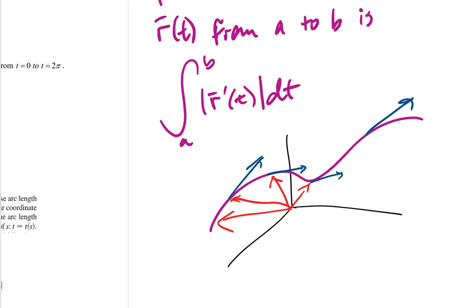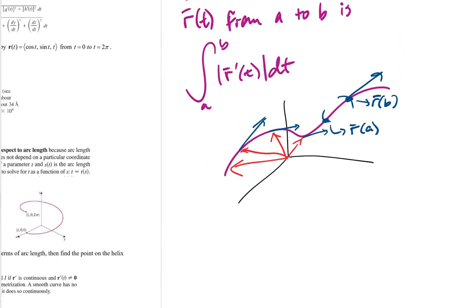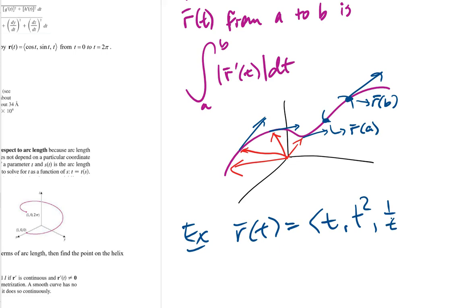And so to find the arc length between any 2 points on the curve, let's call this point here r of A, and this point here r of B. So A and B come from t, so our parameter is t. For example, if you had something like r of t is t squared, 1 over t.